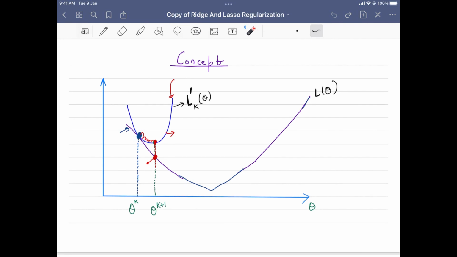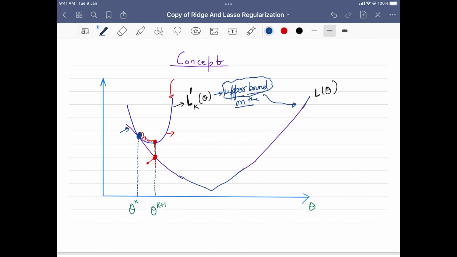And the second one is it has to be on top of the loss function L theta. On top of it means it has to be an upper bound on the loss function L theta. So this is important, and we will see how we will make use of it.